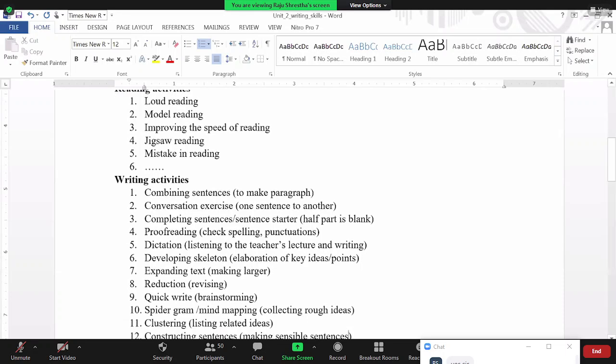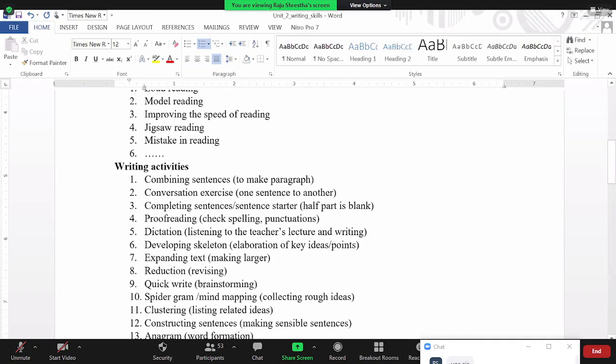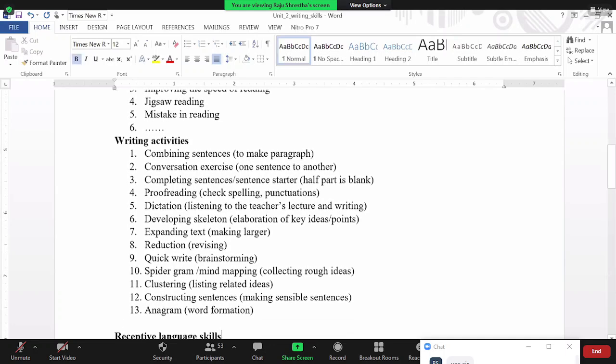Spidergram, or mind mapping also we call. Collecting rough ideas, because writing is first collecting rough, tentative ideas, and organizing those ideas into a readable text after some exercises. These activities we can use in the writing class. Constructing sentences, anagram. So these are a few writing activities.